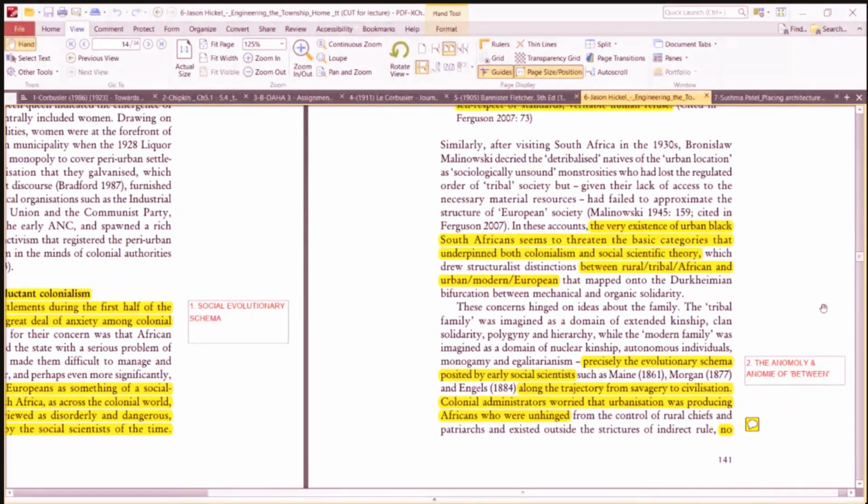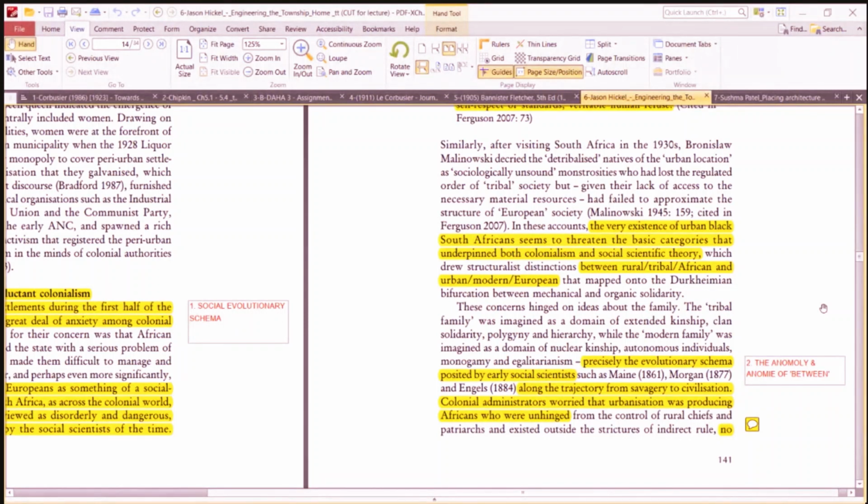In this idea of evolution, which is a very racist idea, not an objective idea, you have on the one end what Corbusier called modern times: the urban, the modern, the European. On the other end, you have the rural, the tribal, the African, the animal, the savage. And evolution takes us to the urban, modern European.